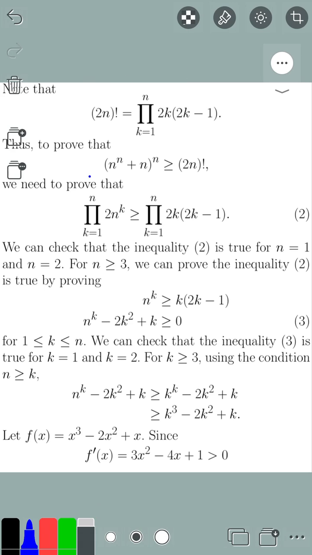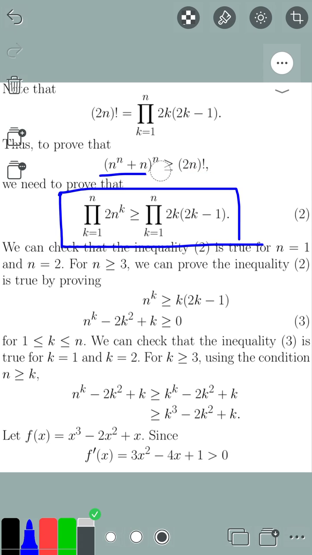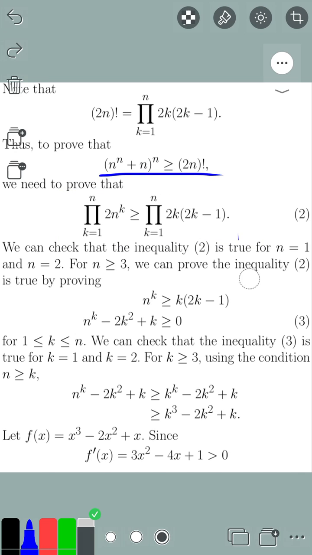This is a reminder that this is the inequality that we are proving. To prove this inequality, we need to prove this inequality right here. Why? Because we showed that, first, I'm going to erase all this so that it doesn't get too messy, that this thing right here is larger than or equal to this product.